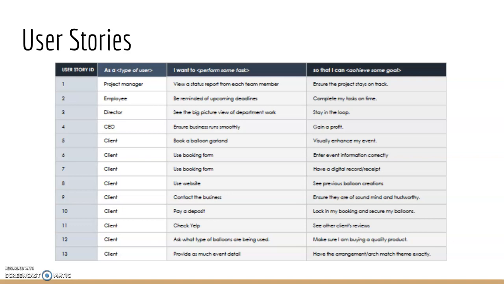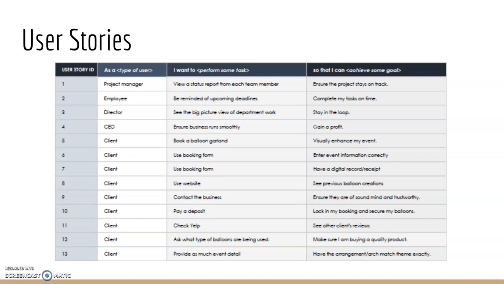That's kind of a general CEO user story, and then after that, I started getting into how a Balloons by Shell's user would have a story. So as you see, we have some clients here. As a client, I want to book a balloon garland so that I can visually enhance my event.